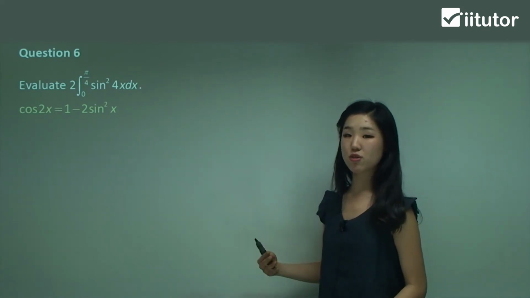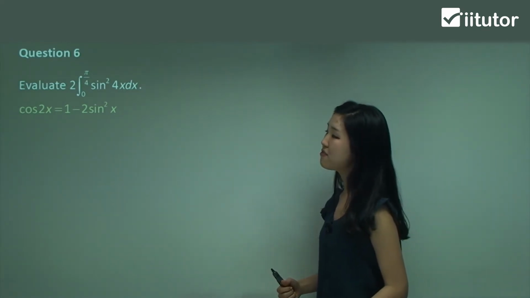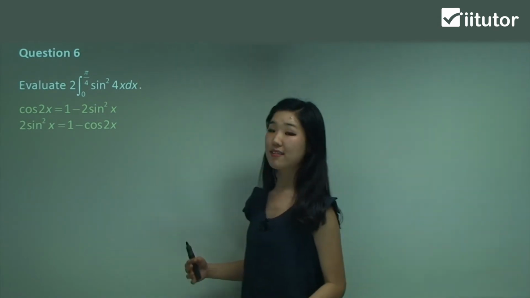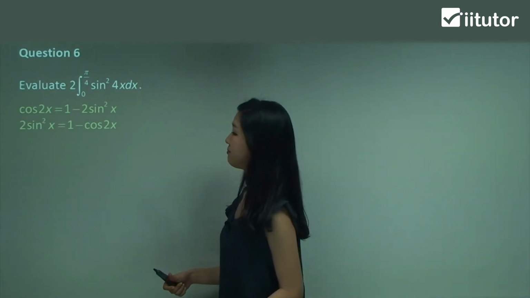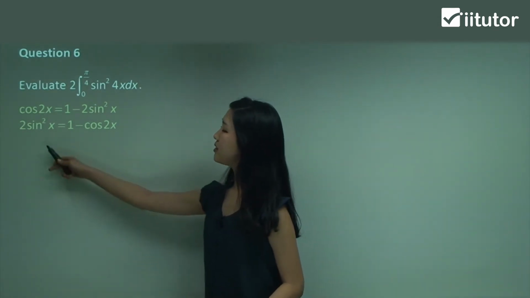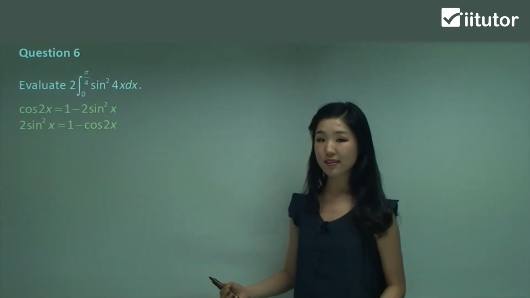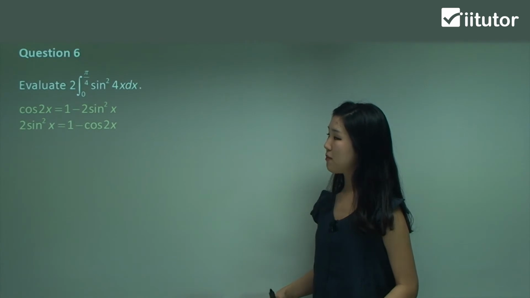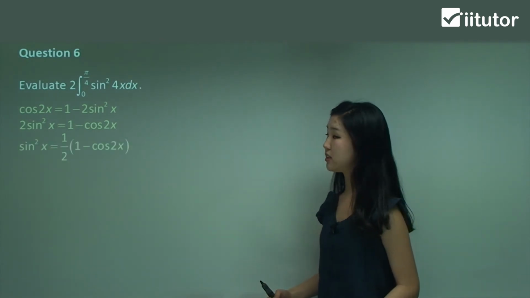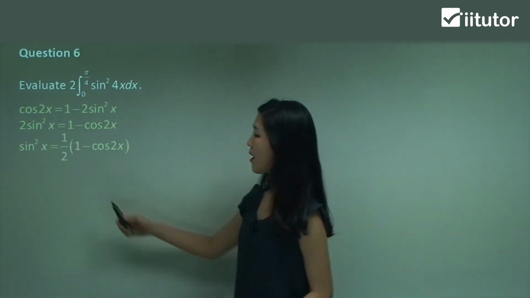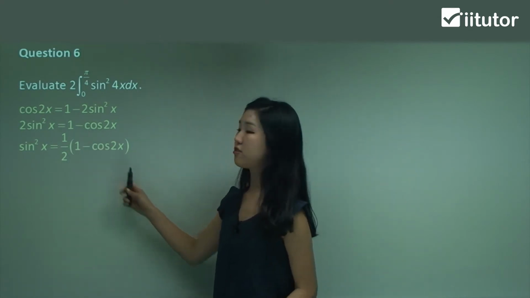Now I'm going to do my usual thing as I did in question 4 and 5. I'm going to make 2 sine x squared be the subject first of all. So 2 sine x squared is simply 1 minus cos 2x, right? So therefore now, I want to make sine x squared be the subject, so I'll divide both sides by 2. So I have half times 1 minus cos 2x.